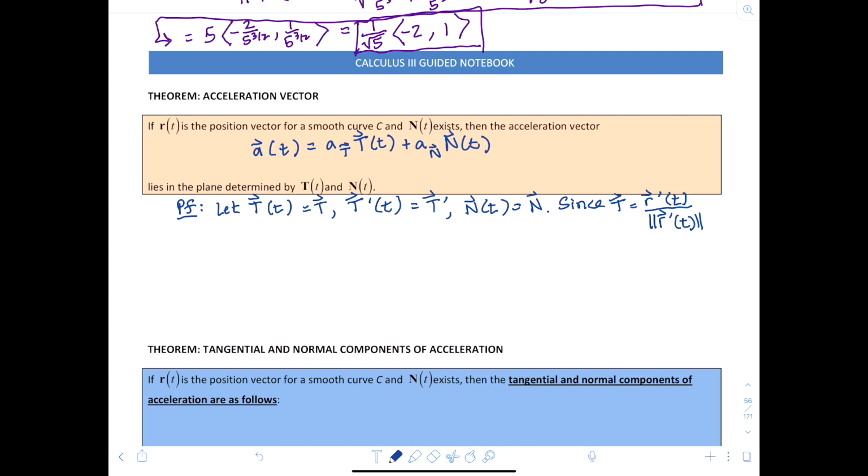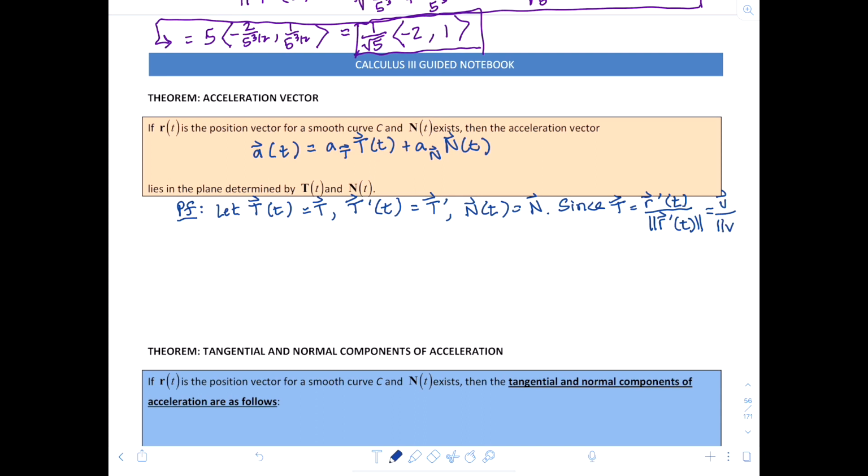which equals v over the magnitude of v, the velocity vector, right? It follows that what? If you take a look at this part and this part, because they're all equated, right?